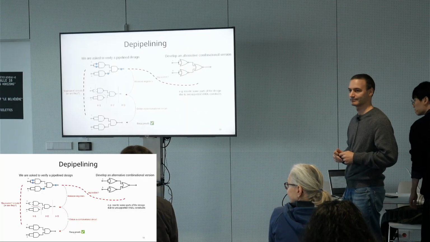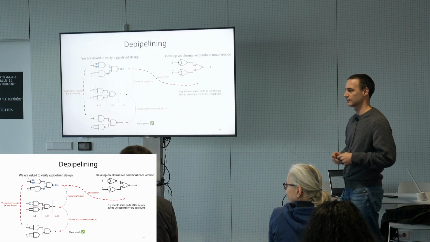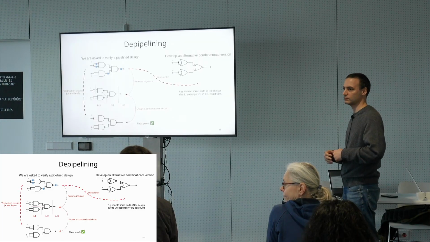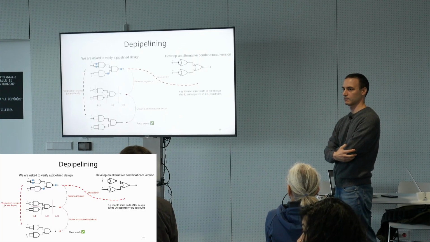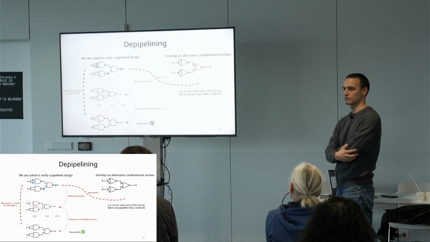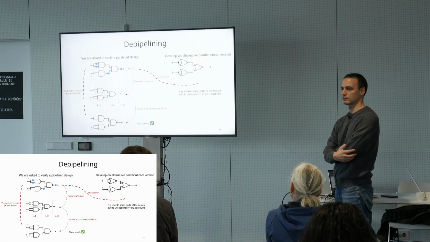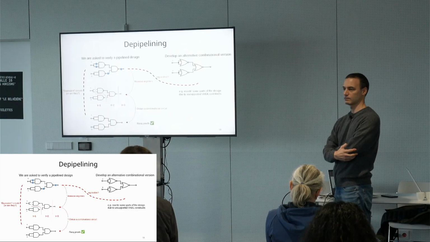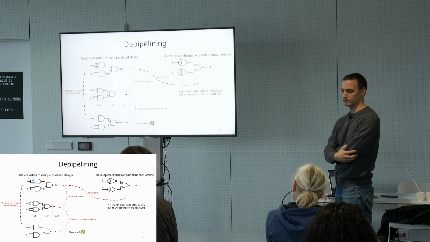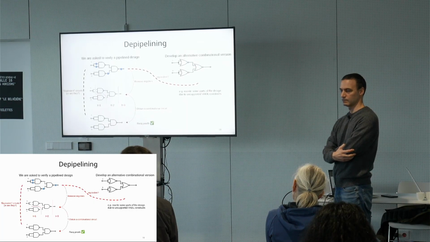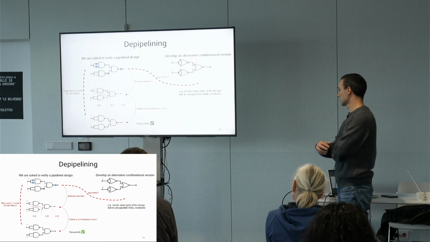Last short question. Hi, thanks for the talk. So you explained how to prove the equivalence of a pipeline component, but by unrolling the circuits multiple times, do you have to do that for every output, or do you have a restriction that all outputs have the same depth?